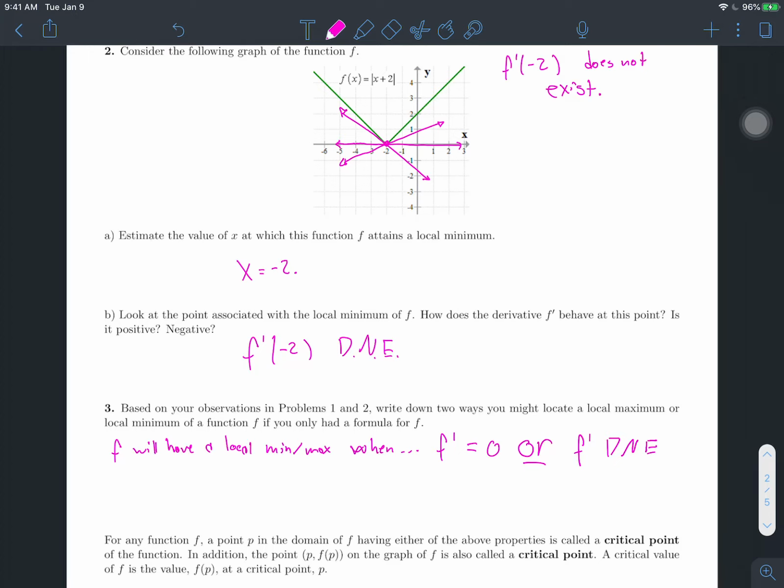Okay? Now these are the ways that I might locate a local maximum or a local minimum. One of these two things should be true if we have a local minimum or a local maximum. They do not necessarily imply that we have a local minimum or a local maximum.